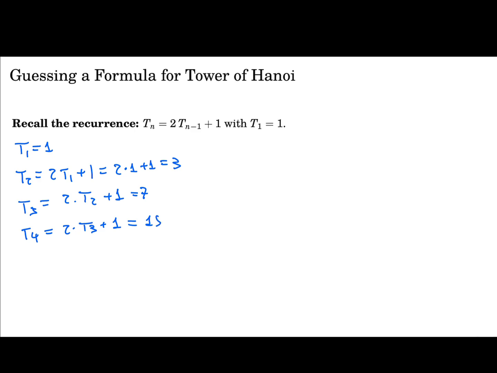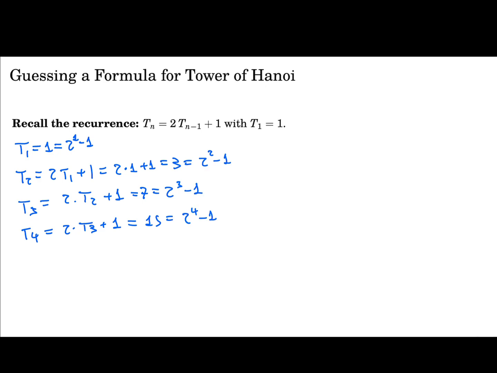And from here, you could already try to guess a formula. If you look at this, you can think of this as 2 to the 1 minus 1, 2 squared minus 1, 2 cubed minus 1, and 2 to the power of 4 minus 1.